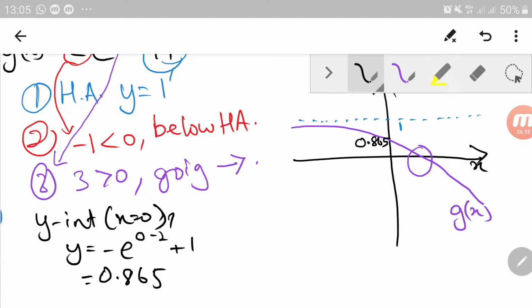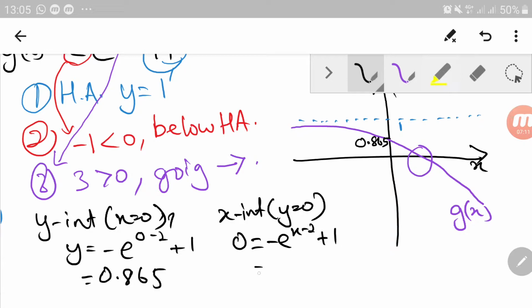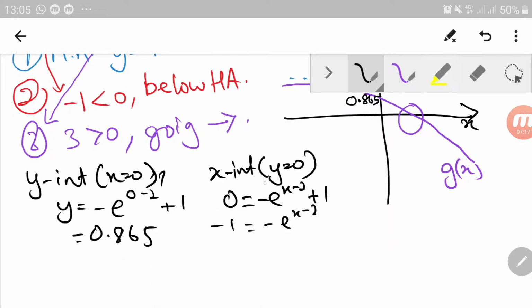How about the x-intercept? The x-intercept is when y equals 0. So 0 equals minus e^(x minus 2) plus 1. Then minus 1 equals minus e^(x minus 2), so we have positive on both sides, and then we take the natural logarithm.